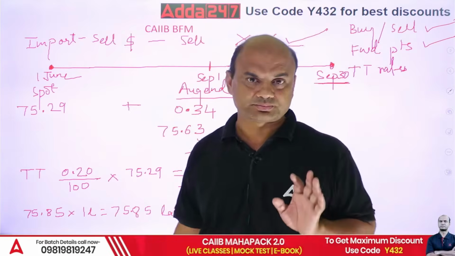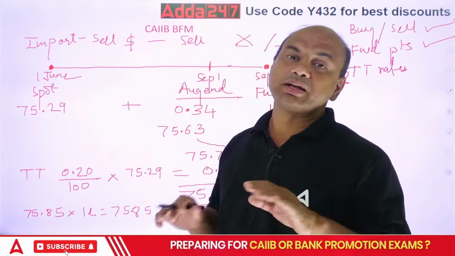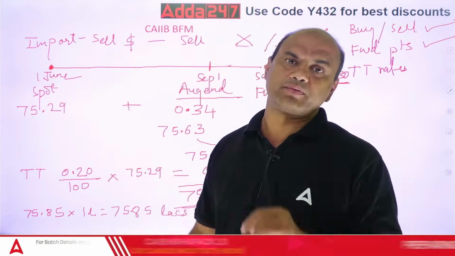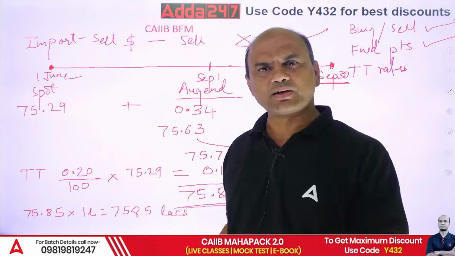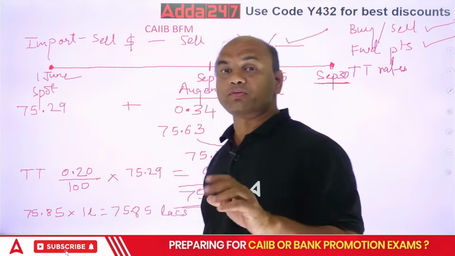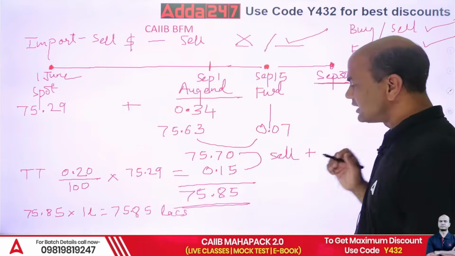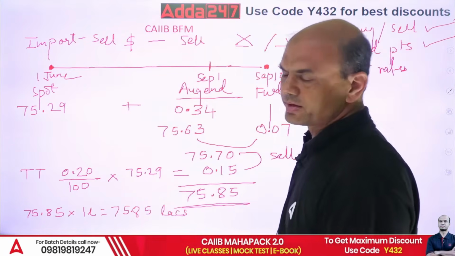75.70. So what have I done up till now? I have completed the forward rate point. Forward rate, whatever that is, I have completed it. But there is still something remaining. That was a twist, right? Margin. Now let me clarify this point.